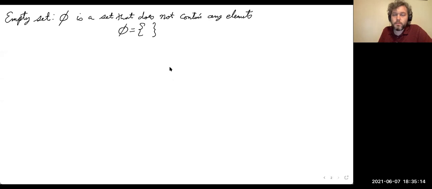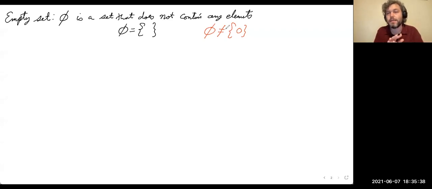So this would not be a true statement, where I would say the empty set equals the set of 0. That is not true, because 0 is an object and the empty set does not contain it. So I'm going to put does not equal. The empty set does not contain the number 0. It doesn't contain anything. It's complete emptiness.